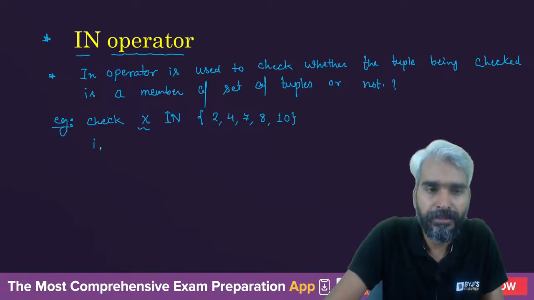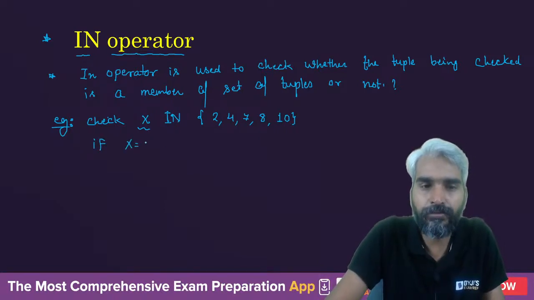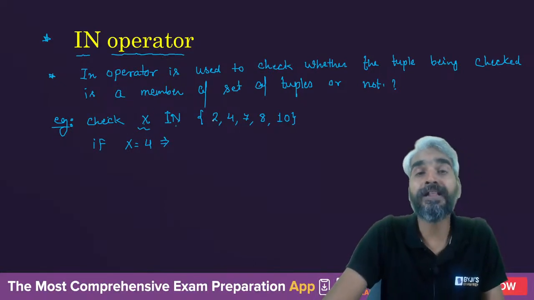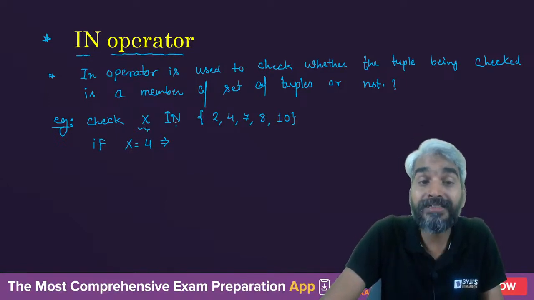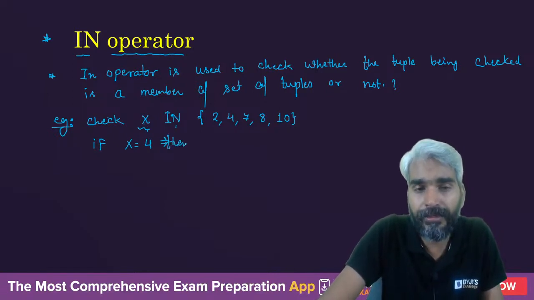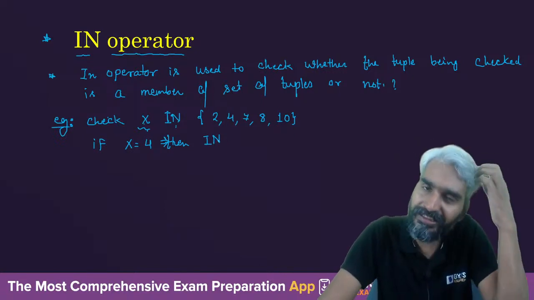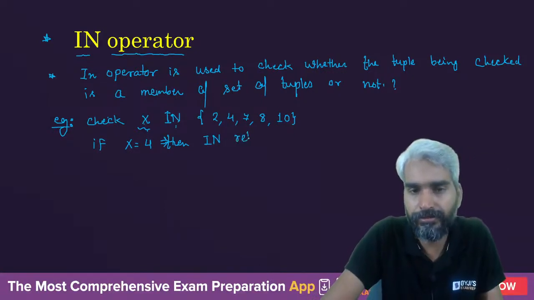So if x is equals to 4, tell me, then 4 is in this set of tuples or not? Yes sir, 4 is in this set of tuples. Therefore, if x equals to 4, then in returns true. Okay, so if it is a member of the given set of tuples, then in returns true.